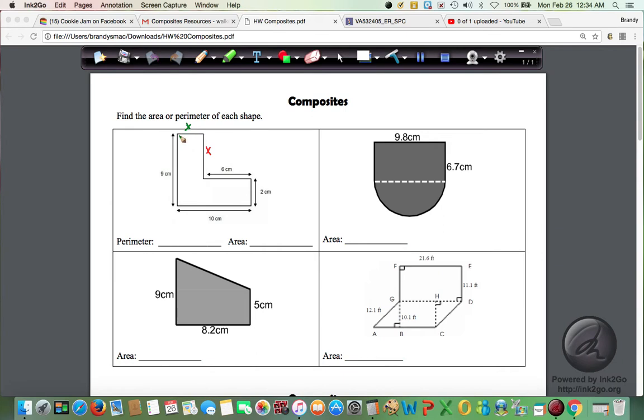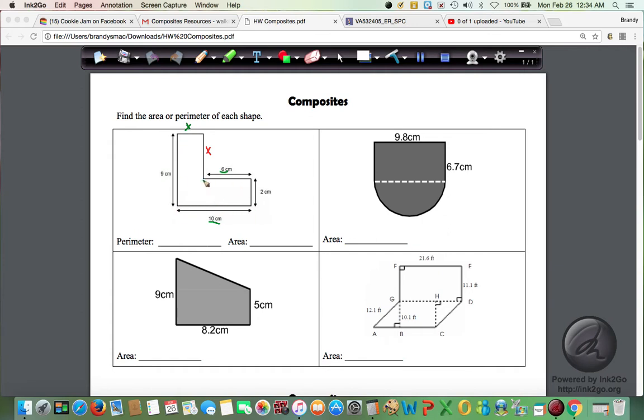For this top piece, we want to find what is going in the same direction. See how it's flat, it's going left to right, aka horizontal. If I look down here, my 10 is also going left to right, and my 6 is going left to right. So if this were a full rectangle, it would be a 10 by 9.